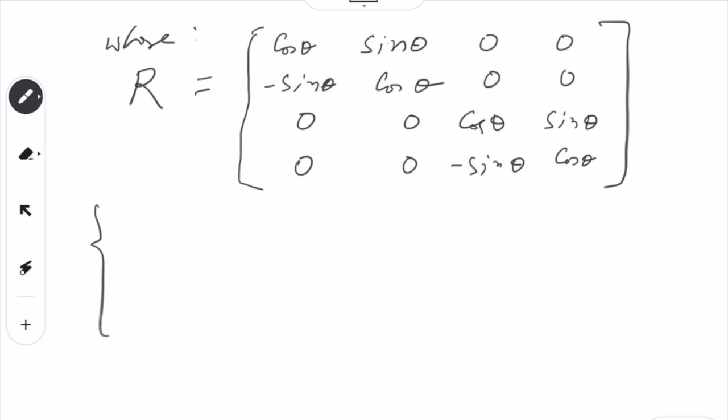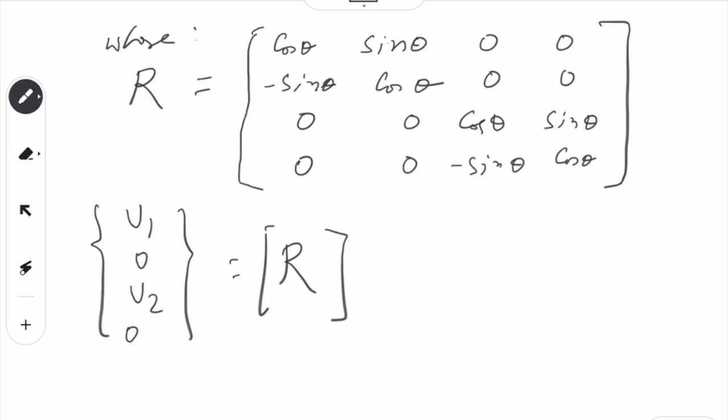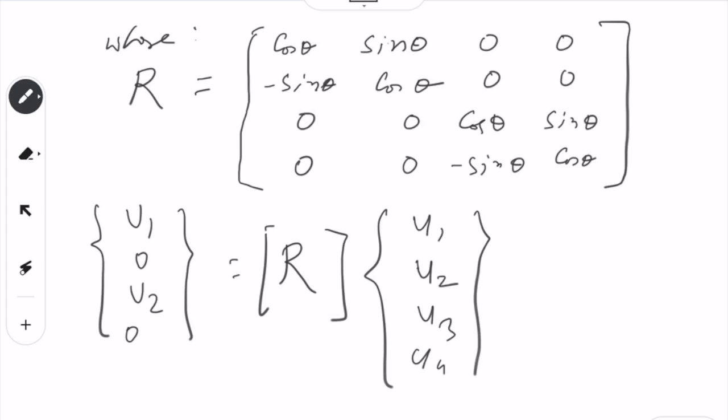Actually, u1 0, u2 0 is equal to R, this R we are talking about, the R matrix multiplied by u1, u2, u3, u4. Okay, so we have this already.